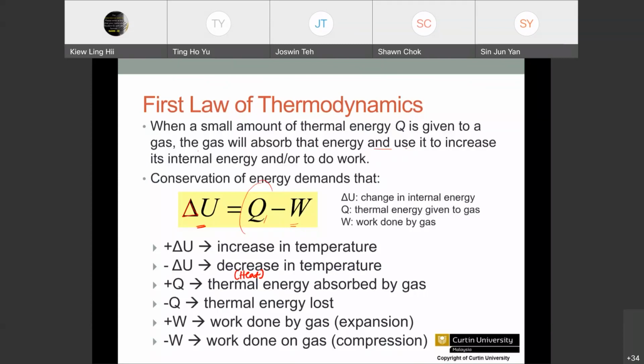Each parameter here has its own sign convention.